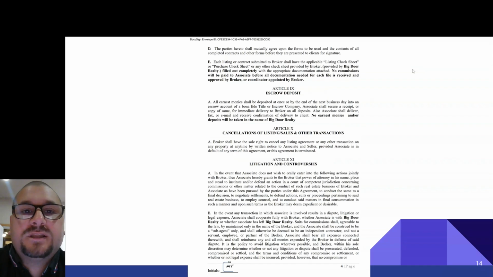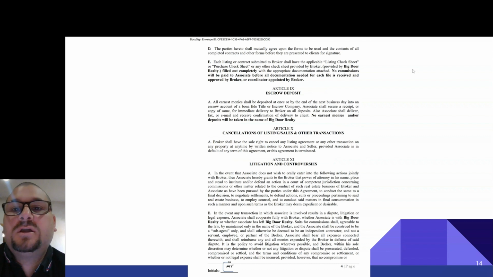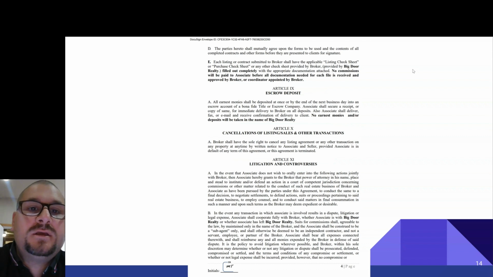So again, each listing or contract submitted to broker shall have the applicable listing check sheet or purchase check sheet or any other check sheet provided by broker, provided by Big Door Realty, filled out completely with the appropriate documentation attached.